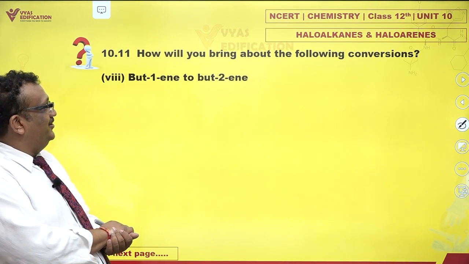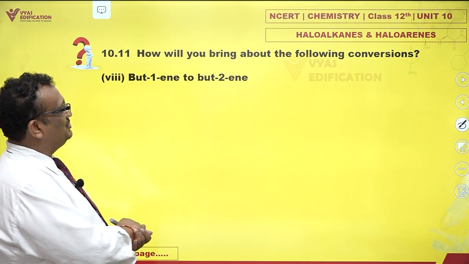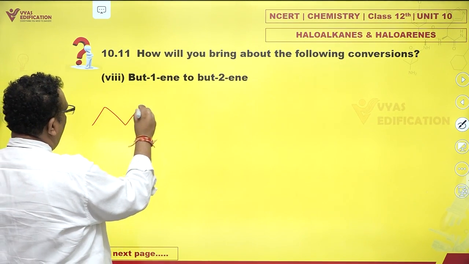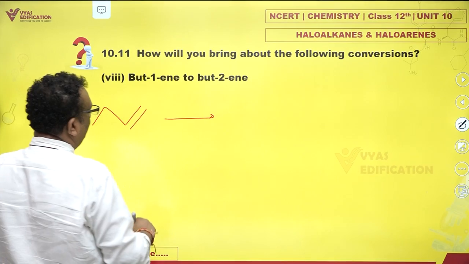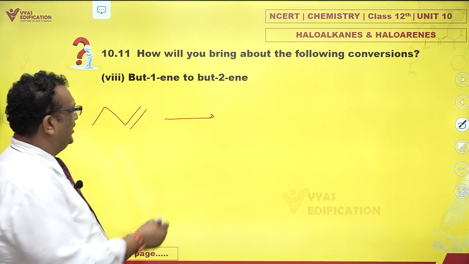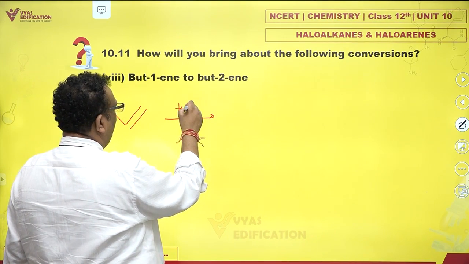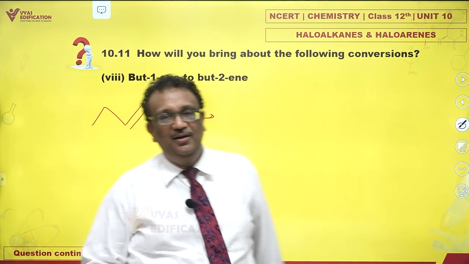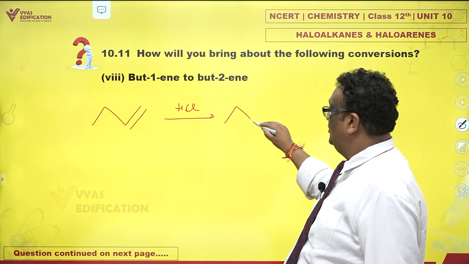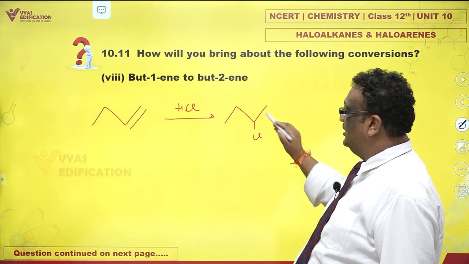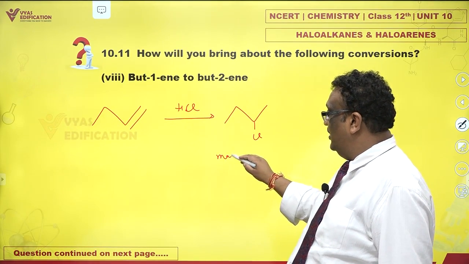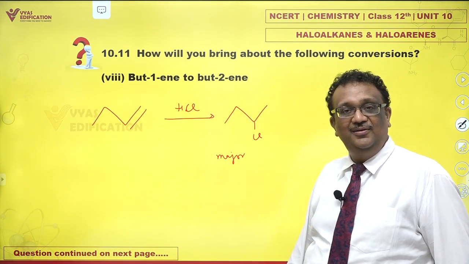But-1-ene into but-2-ene. Now this is most interesting. I have but-1-ene. What do I do? Well, add HBr. HCl is cheaper, add HCl. What do you get? You get H and Cl, this as the major product, by Markovnikov addition.